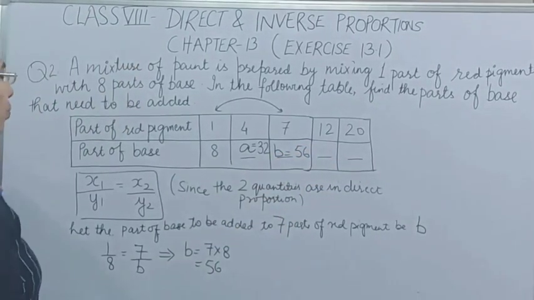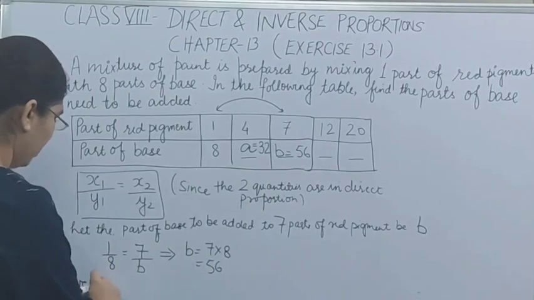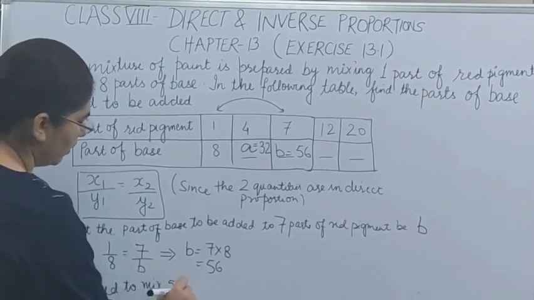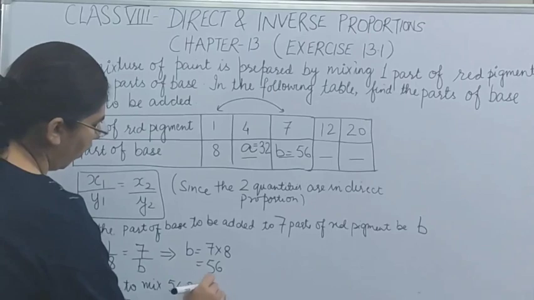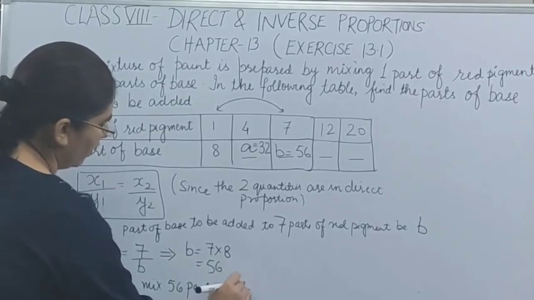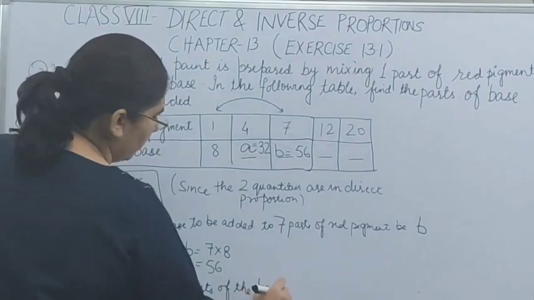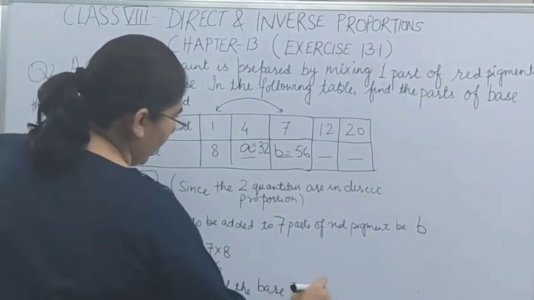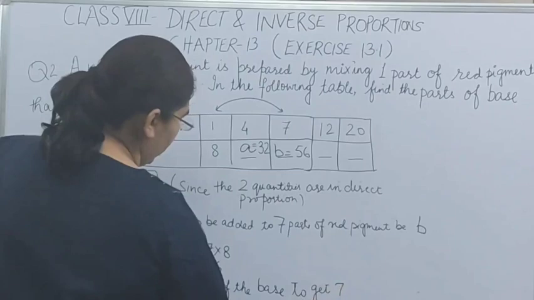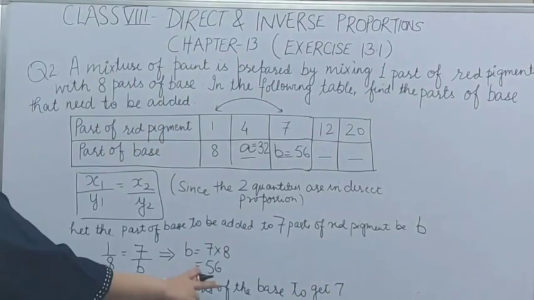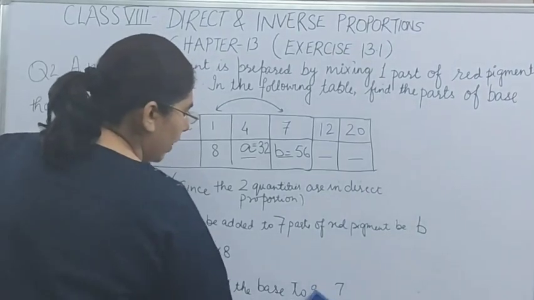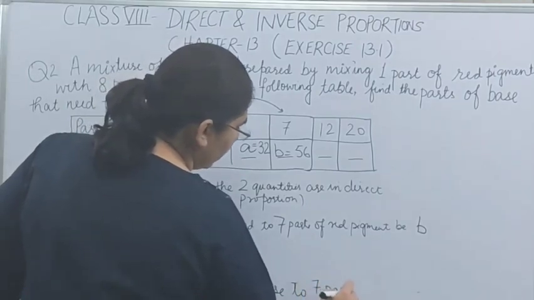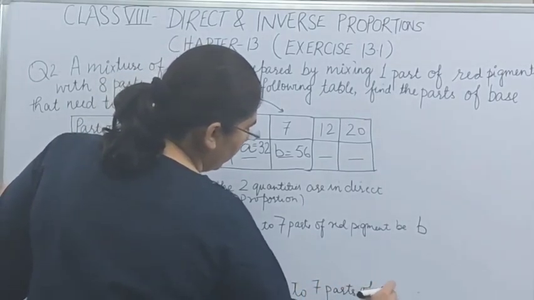We say that we need to mix 56 parts of the base coat to get 7 parts of red pigment, right?